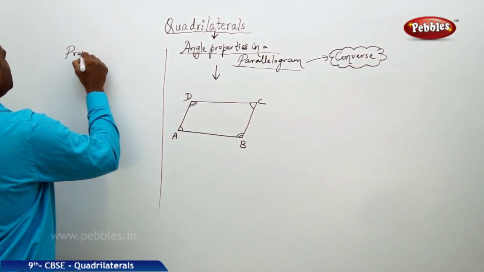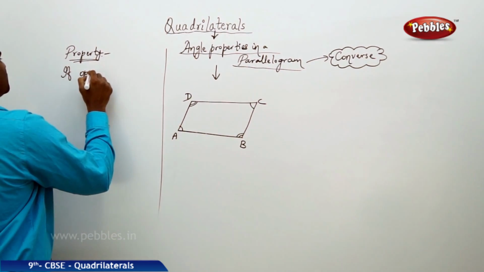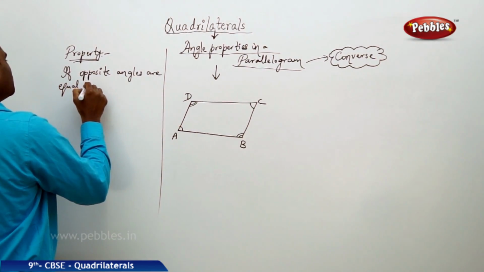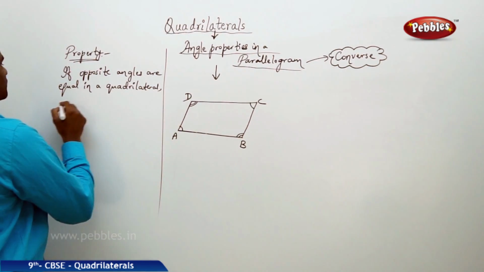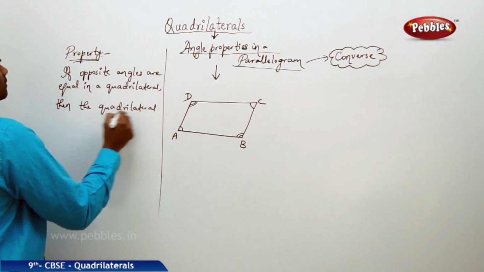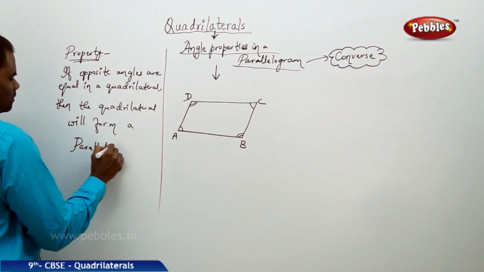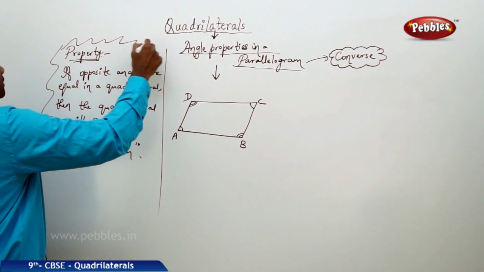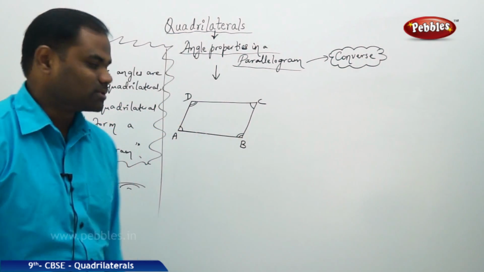So the property says if opposite angles are equal in a quadrilateral, then the quadrilateral will form a parallelogram, is how I understand the property connecting the parallelogram with opposite angles.